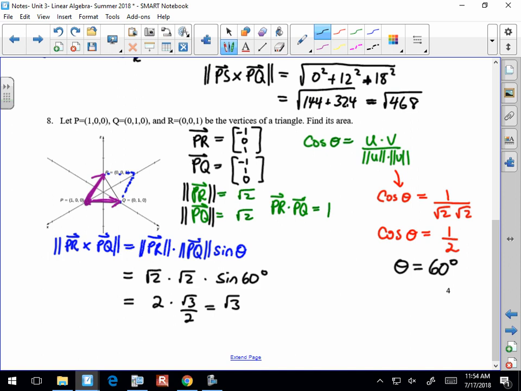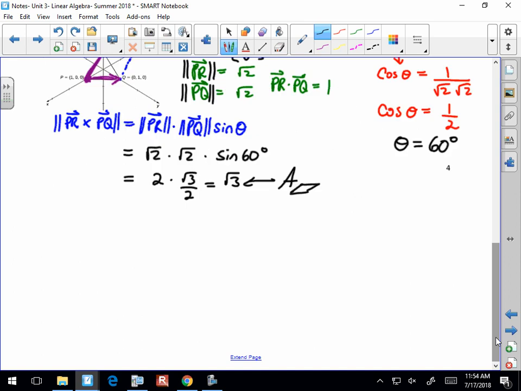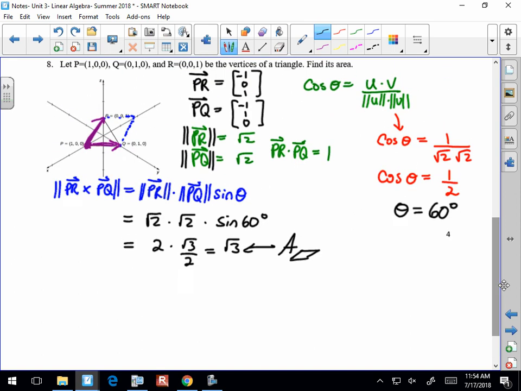Now, again, that's the area of the parallelogram that we create. And it's a three-dimensional parallelogram. It's not a parallelepiped. It's a parallelogram in a plane that's not the xy plane. All right? I want the area of the triangle, which is going to be that measure cut in half. So root 3 over 2.